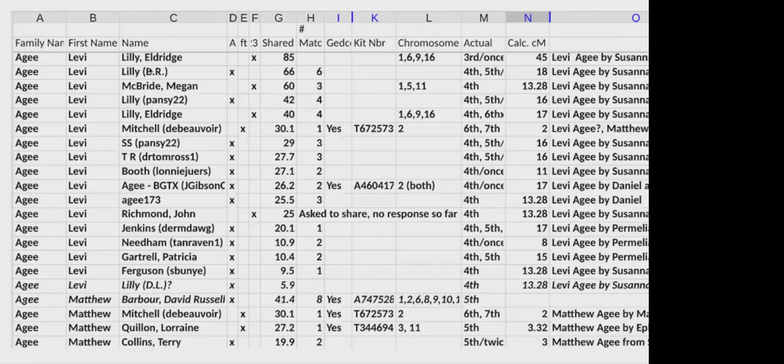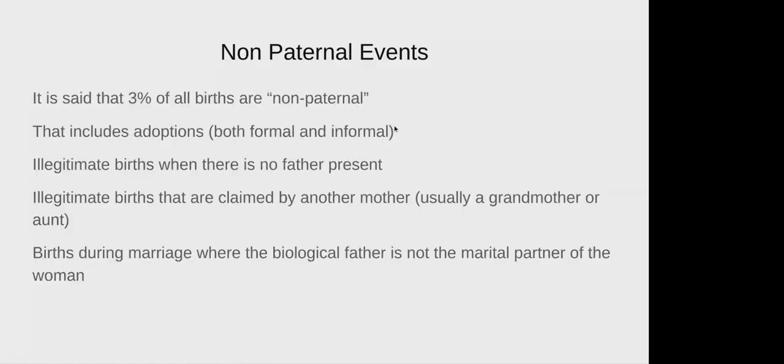So that Eldridge Lilly was a descendant of Levi AG by Levi's daughter, Susanna. And I can construct pretty complex databases out of this.